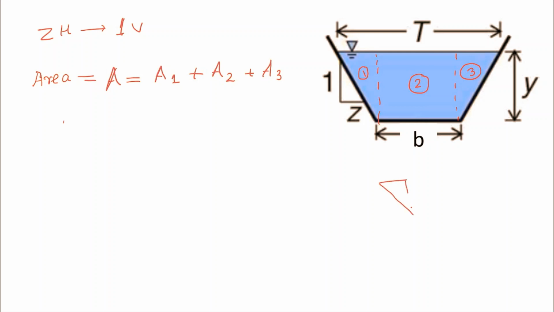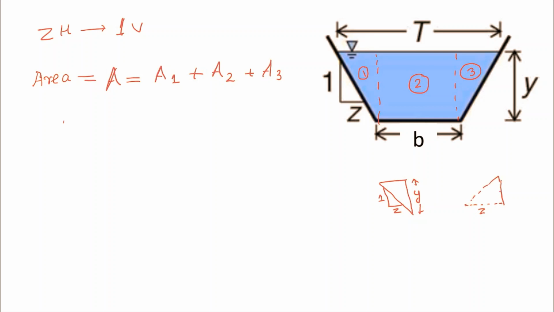So here we have a triangular section with y as depth and 1 vertical to z horizontal as the slope. So when we say 1 vertical to z horizontal, it means in order to reach a 1 meter height, we have to travel z meter horizontally.